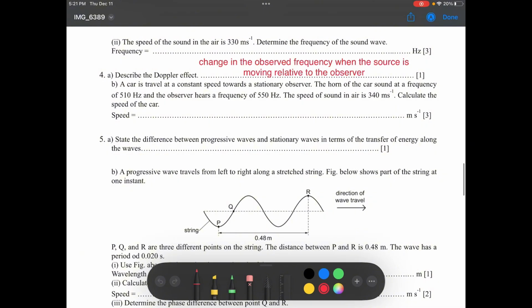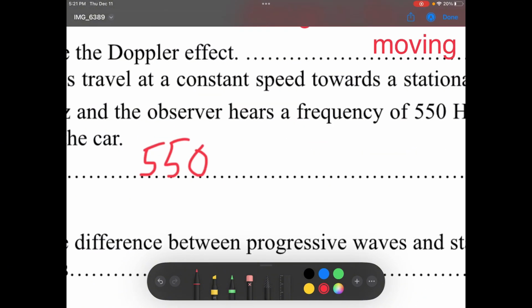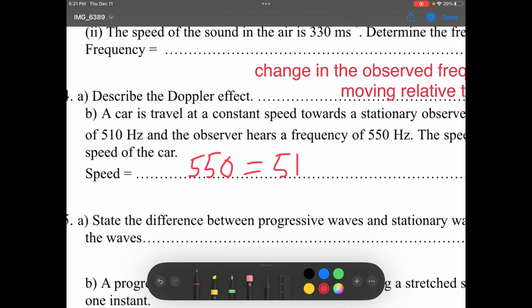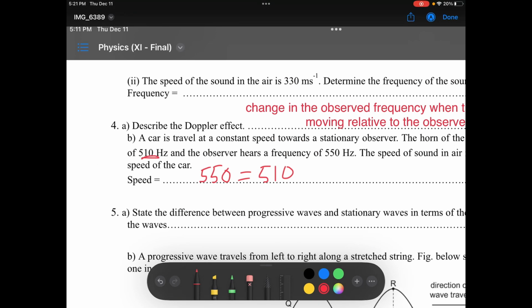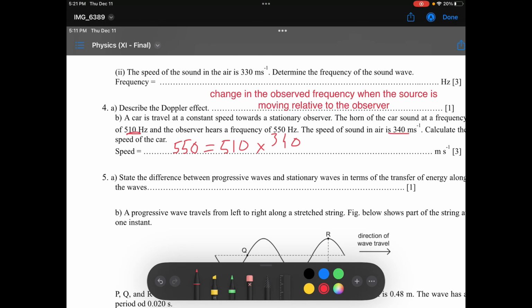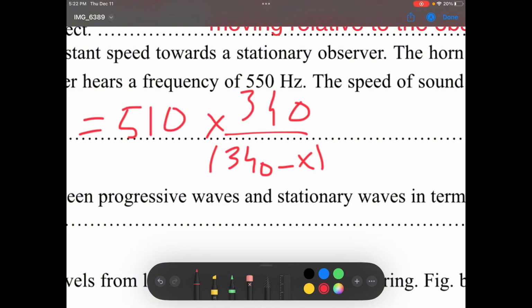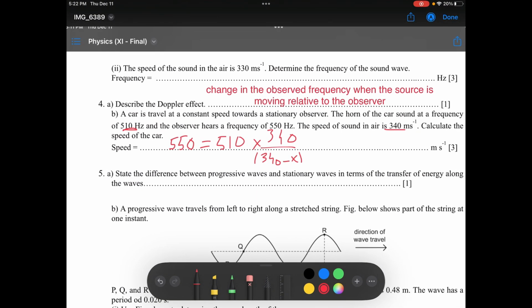To calculate the speed of the car, we will use the formula: frequency of sound times the speed of sound over the speed of sound minus the speed of source. The frequency of the sound is 510 times 340 over 340 minus x, since we don't know the speed of the car.